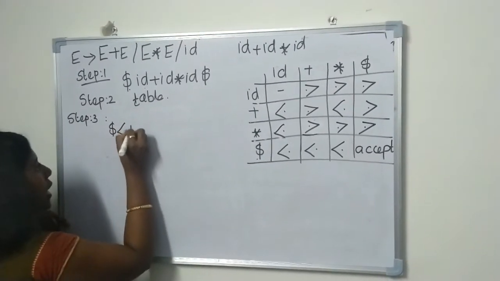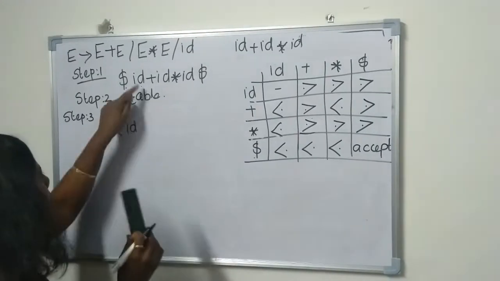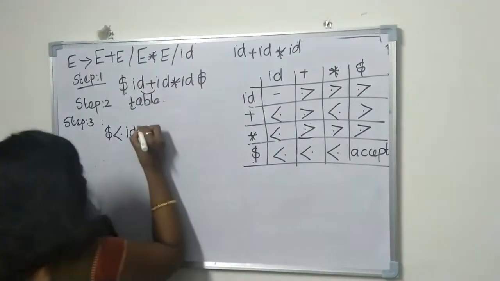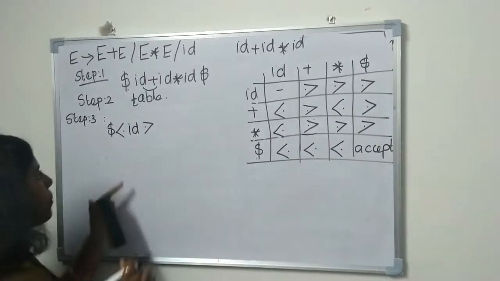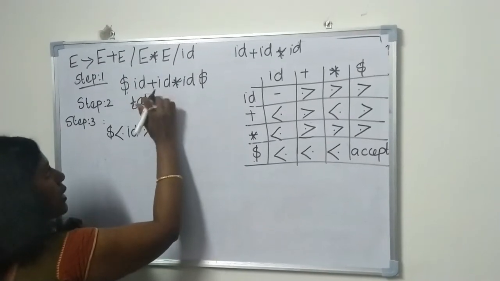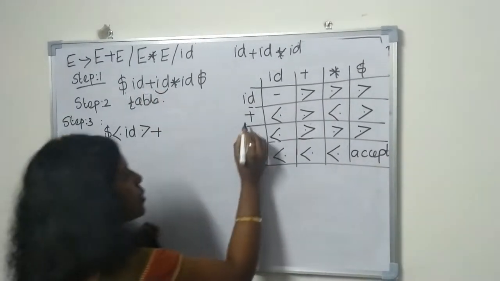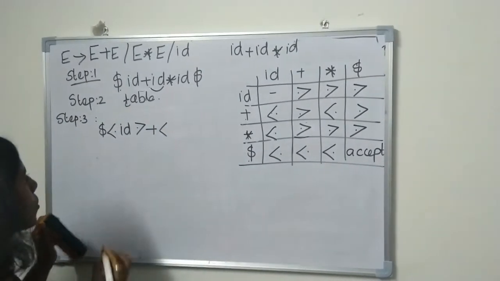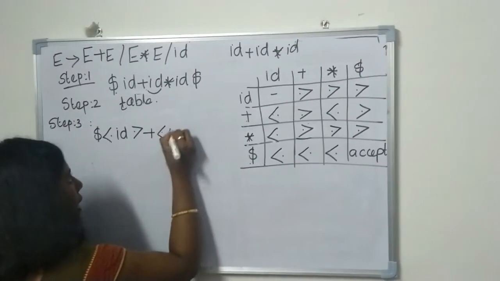Now check ID and plus. ID and plus have greater priority, so I am writing greater than. Now I am going to check plus and ID. Plus and ID has less than, so less than, then ID.